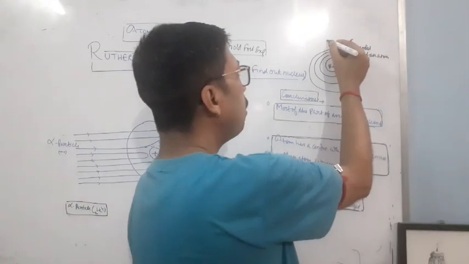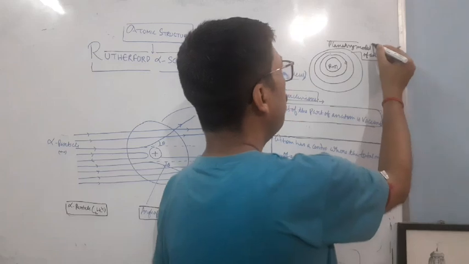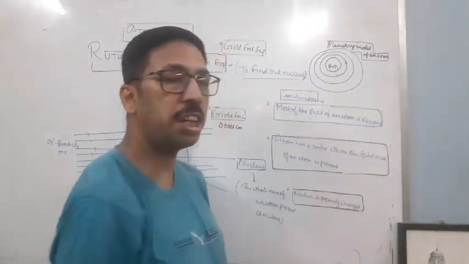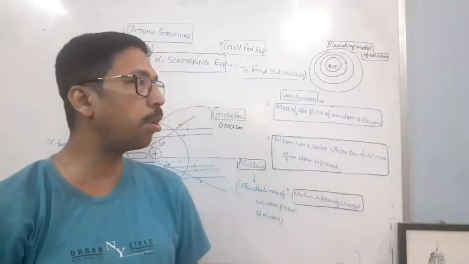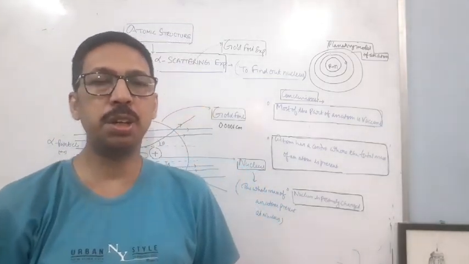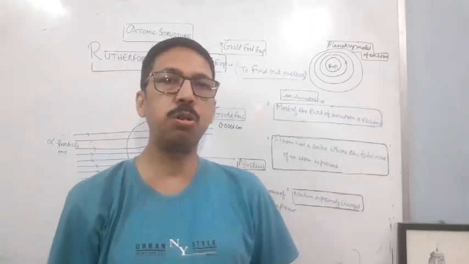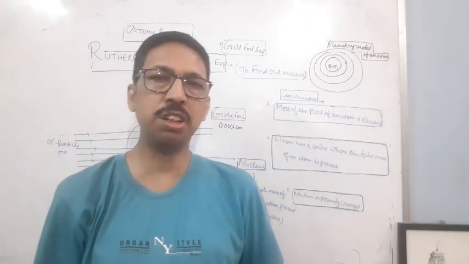So Rutherford's atomic model was proposed by Rutherford in the year 1911, and the main points of this atomic model were: number one, the atom has a center where the whole mass of the atom is present. This center is called the nucleus.